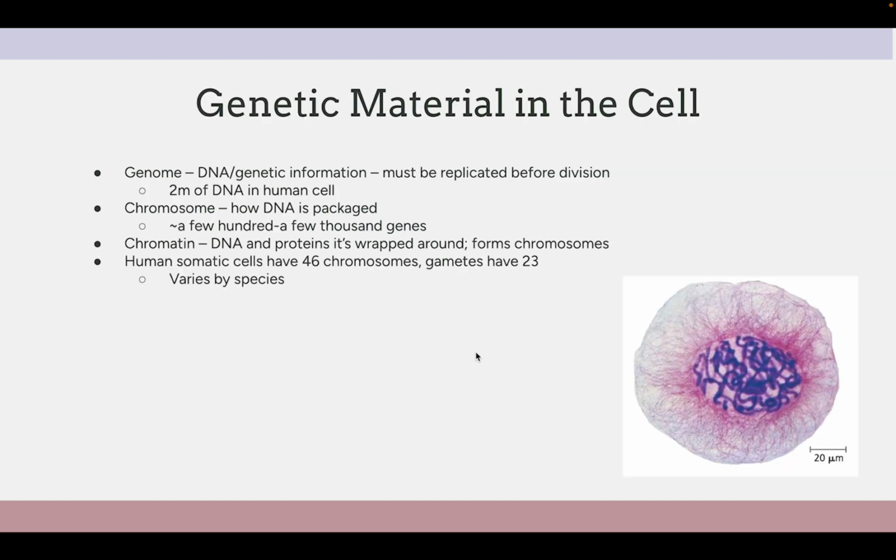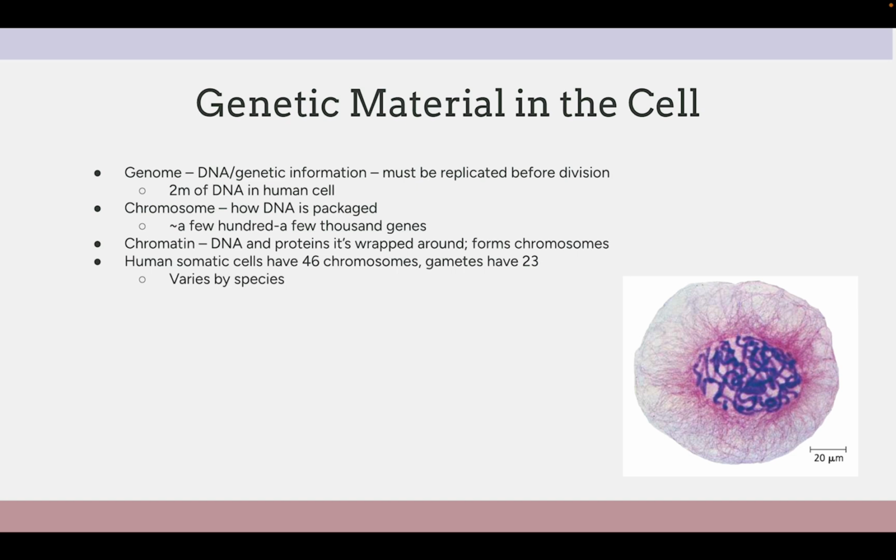All right, so now let's talk a little bit about genetic material in the cell. So it can get pretty confusing because there's a bunch of words people like to use here, and more or less they do mean similar things, but you're using them in different contexts. So let's try to figure that out. So the genome is the DNA and genetic information in a cell, and this has to be replicated before division.